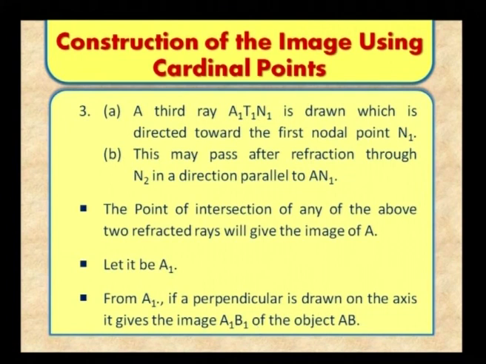So, that is how the image is obtained for a given object kept on the principal axis using the Gaussian idea that was given, namely the introduction of cardinal points, how the image can be obtained by doing away with the successive refractions suffered by the light ray because of the coaxial lens system.